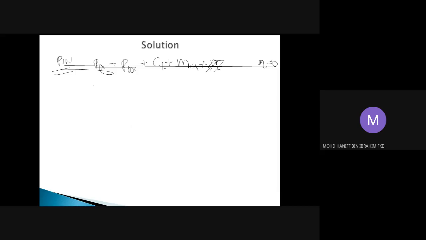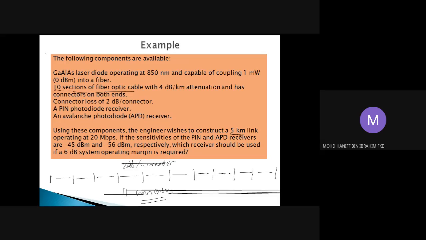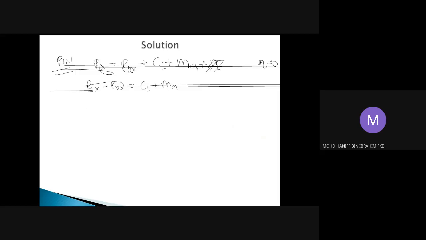Okay, so we have PTX minus PRX equals the channel loss plus the system margin. The PTX is 0 dBm for your laser diode just now, so straight away we use 0 dBm for the transmitter minus the receiver value, which is negative 45 dBm for the PIN photodiode.